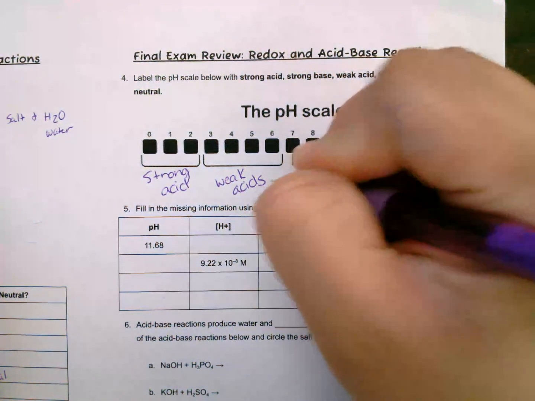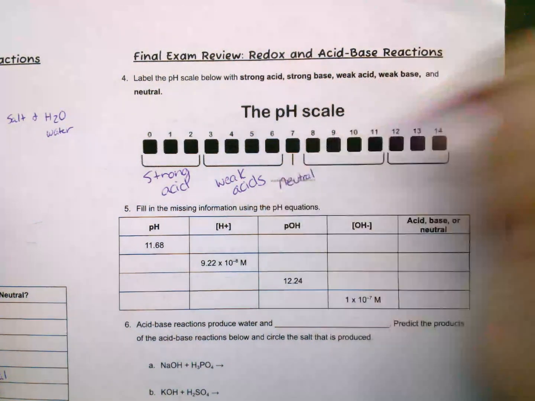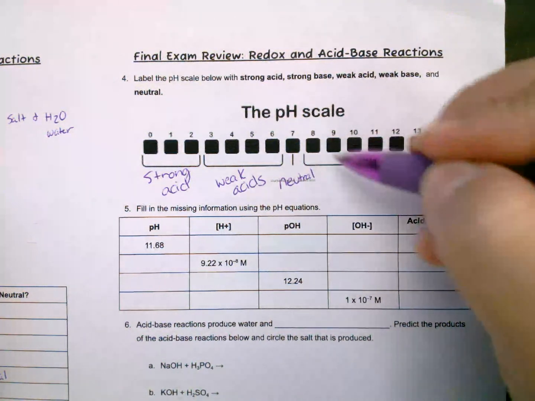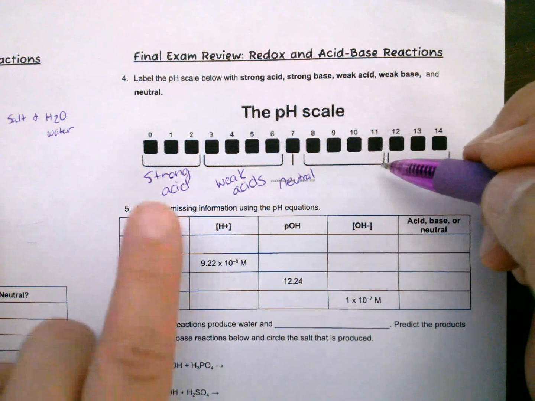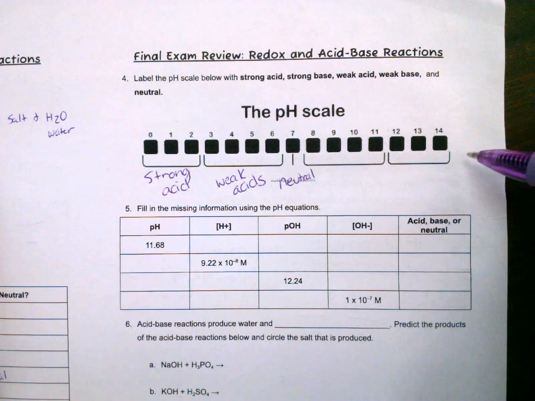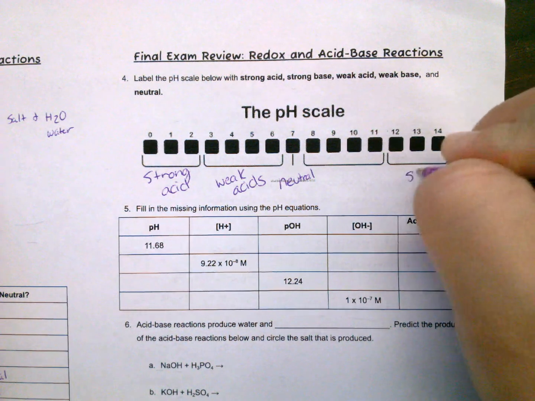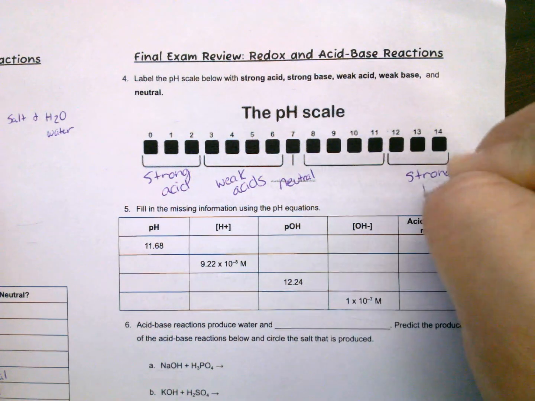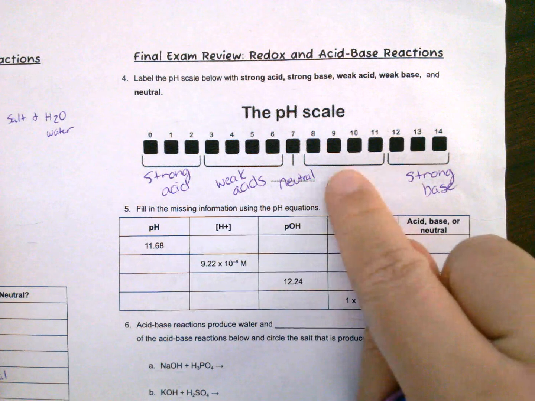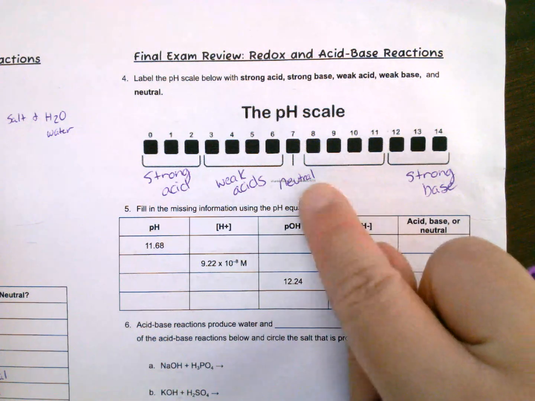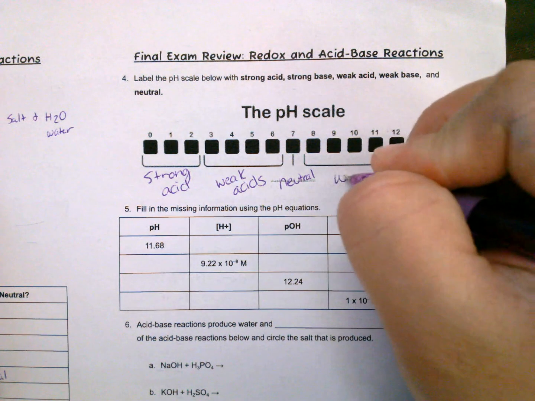Right in the middle, 7, that's where we have neutral. And then this is our base side. Just like strong acids are on the far side, strong bases are going to be on this far side. Strong base. So that means our weak bases are going to be right here between neutral and strong.